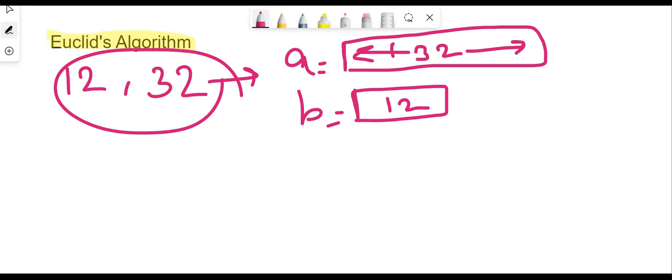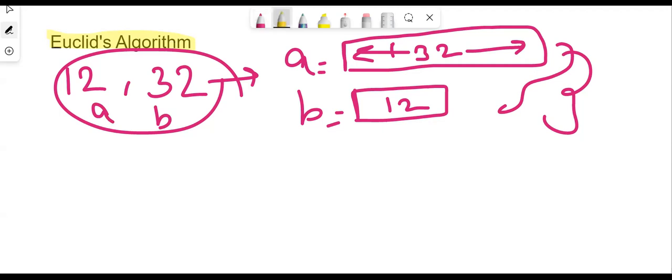Obviously the greatest common factor is going to be lesser than or equal to the smaller of these two, between A and B, right? Meaning the common factor could never exceed the smaller number between A and B, right?